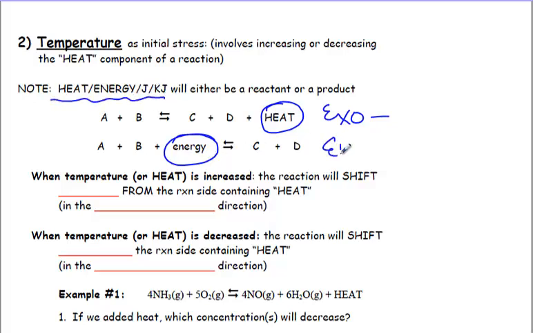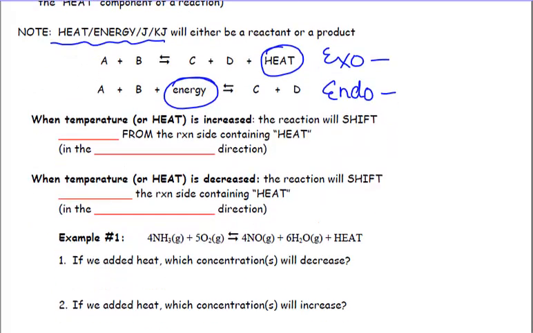This is going to be endothermic. It's absorbing. All right, so when temperature or heat is increased, okay, the reaction will shift away from the reaction side. It wants to go away from the heat. So if the heat is increased, it wants to go away from that. And that will go in the endothermic direction, whichever that is, based on what side the heat is on.